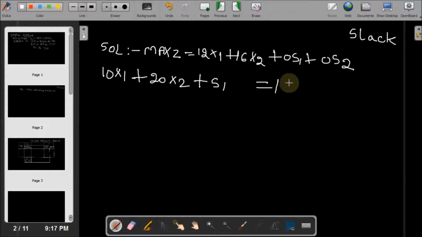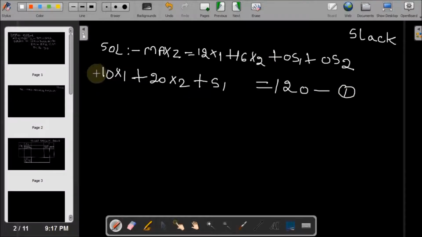I added the slack variable for my first constraint, and I can call this equation 1.